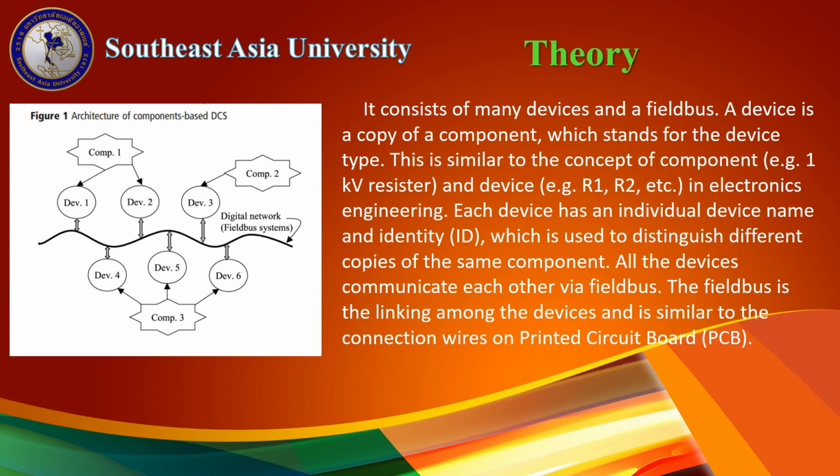And then we can see the theory of the second part. It consists of many devices and a few bars. A device is a copy of a component, which stands for the device type. This is similar to the concept of component, e.g. 1 kilo resistors, and device, e.g. R1, R2, etc. in electronics engineering.